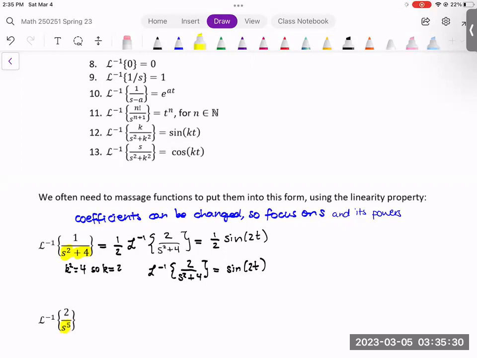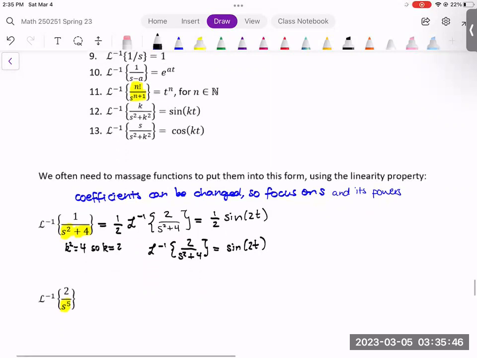So here we see a power of 5, which is bigger than we see anywhere else other than in this t to the n expression. So here, based off of the format of this, looks like n plus 1 is equal to 5. So we're going to match powers of s first. So that tells us that n equals 4.